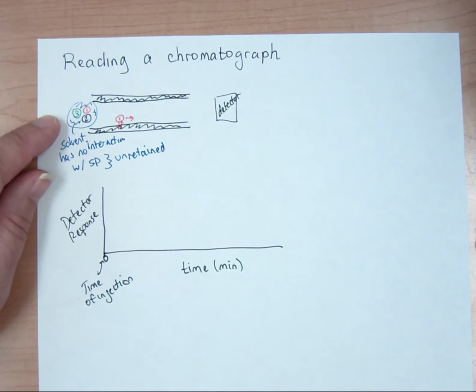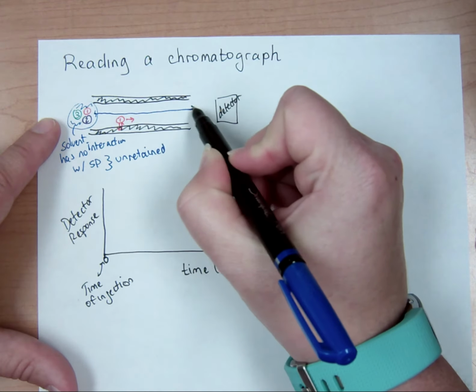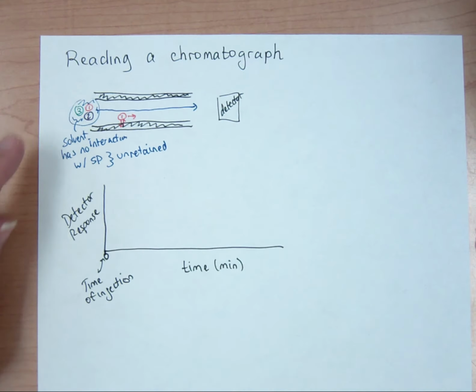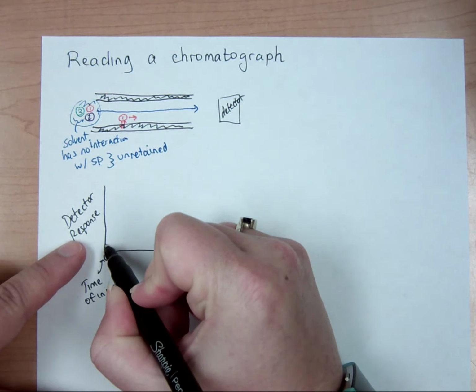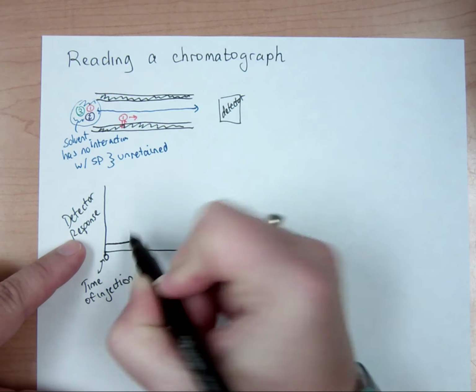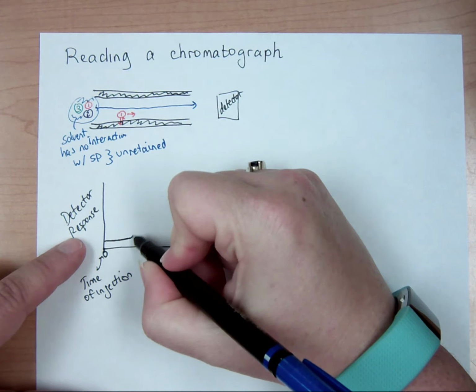But it still takes some amount of time for that solvent to flow straight through the column. So as we're looking at what the detector is measuring, the detector is going to measure nothing, nothing, nothing, nothing, nothing, until at some point we might see this unretained solvent come out.